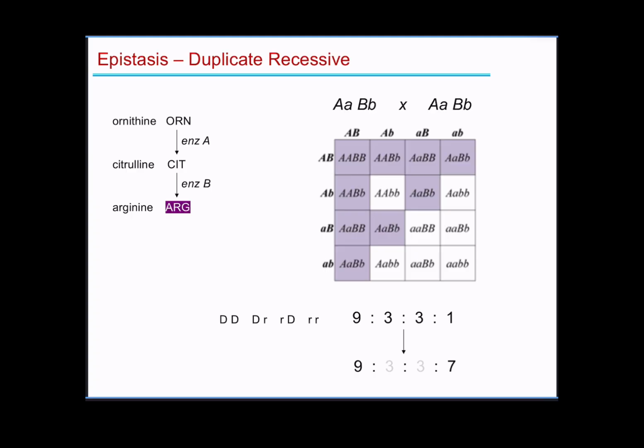What happens is, if and only if you have a functioning enzyme A and a functioning enzyme B, you will see arginine. Let's say that, I don't want to confuse you with purple and white, which happens to coincide with the purple and white flowers of Mendel's.